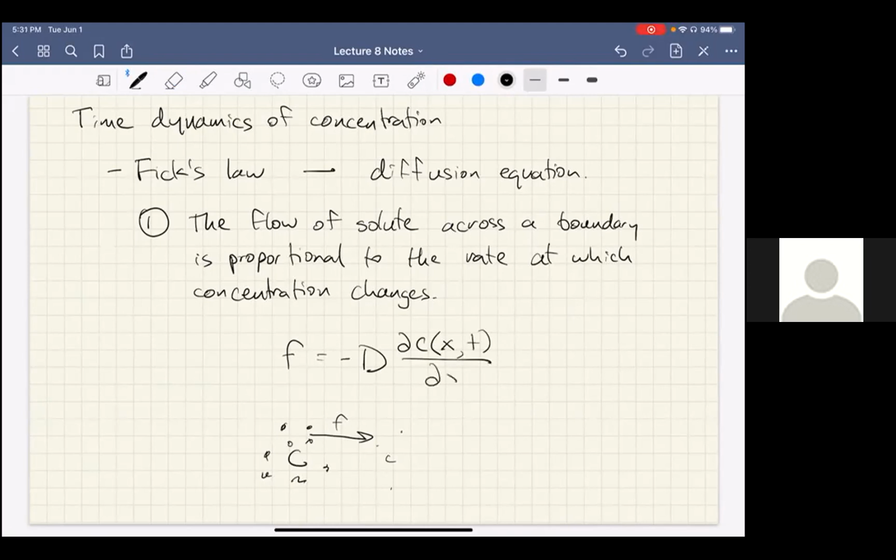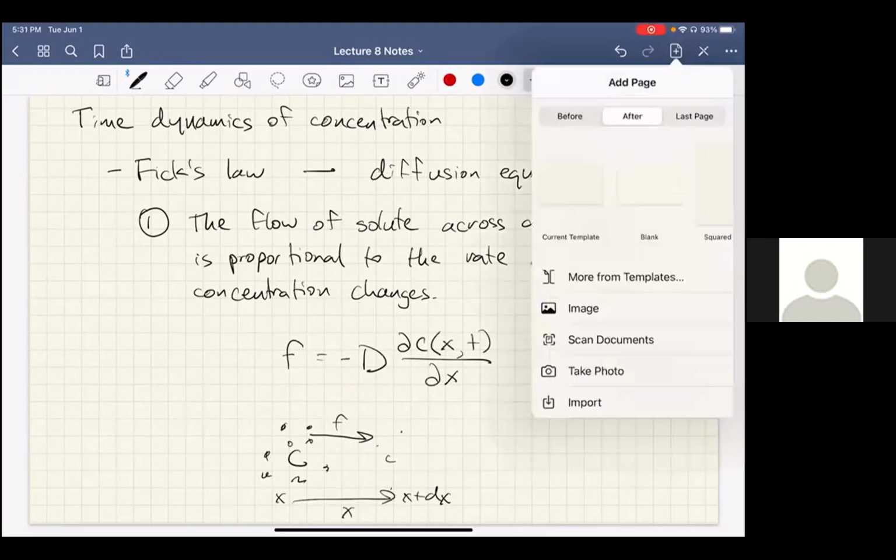And here's the partial derivative with respect to space, in x. So this is at x, this is at x plus dx. If there is a difference in those concentrations, then there will be flow. This constant of proportionality is just the diffusion coefficient. So this is so far only an expression of space. It's not an expression of time.